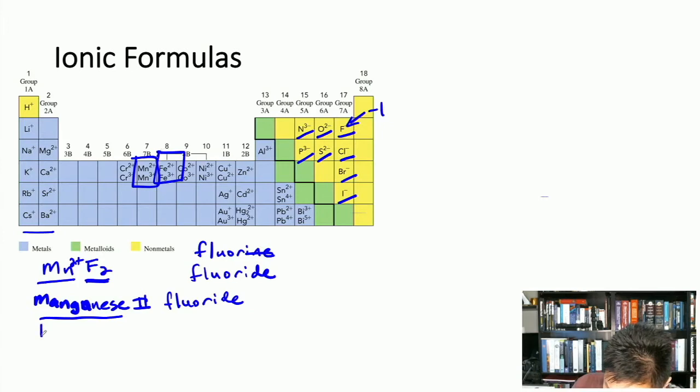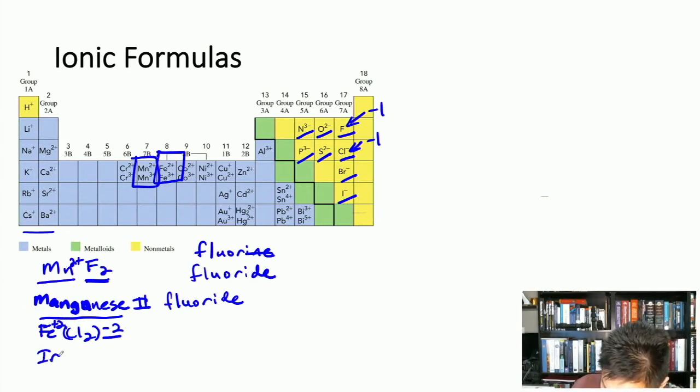So if I have something like FeCl2, this is super simple, because we know that chlorine has a charge of -1. There are 2 chlorines, which together make a charge of -2. So to balance out that -2, this has to be a +2. So that's iron 2.